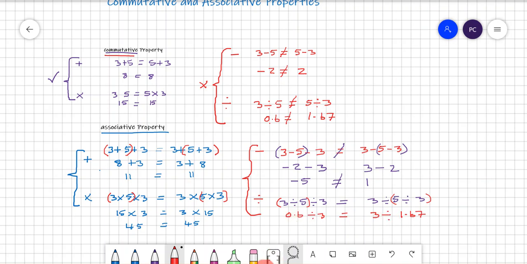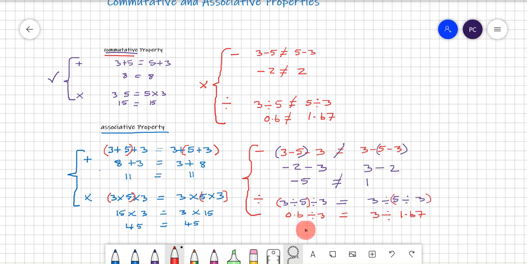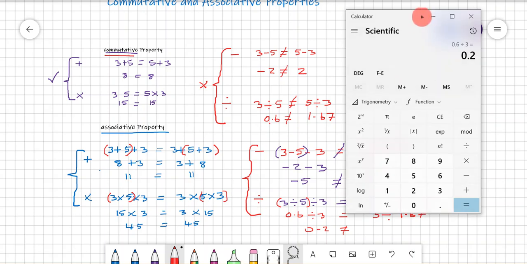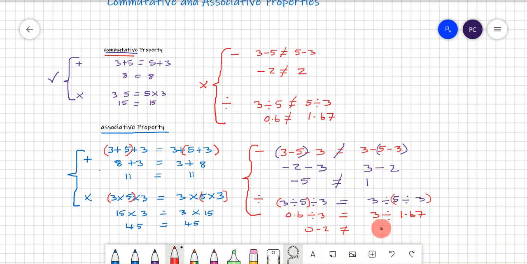So 0.6 divided by 3, so 0.6 divided by 3 is equal to 0.2, so that's equal to 0.2 is not equal to 3 divided by 1.67, which is equal to, let's say, 1.8, round it up to 1.8, so 1.8.